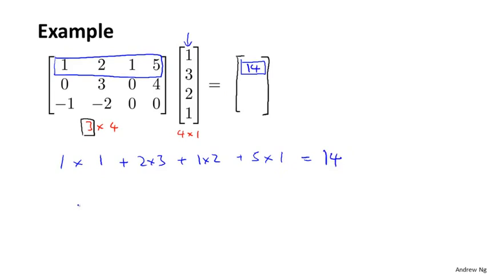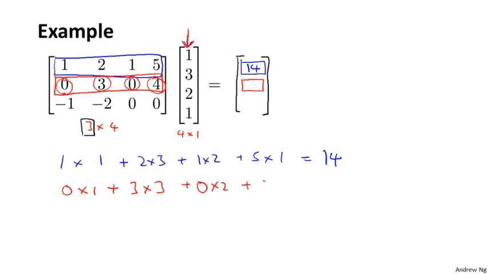And then for the second element, I'm going to take this row now and multiply it with this vector. So 0 times 1 plus 3 times 3 plus 0 times 2 plus 4 times 1, which is equal to, let's see, that's 9 plus 4, which is 13.